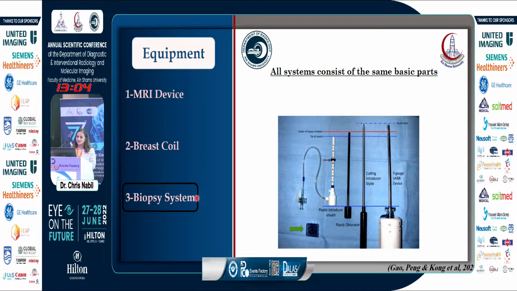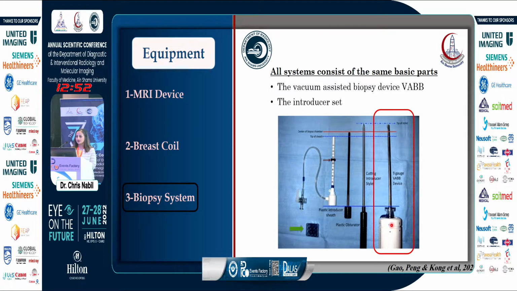And then for the biopsy system, all systems consist of the same basic parts, and they all have to be MR-compatible tools. First is the vacuum-assisted biopsy device, or the VAB, from 7 to 9 gauge, and the introducer set.